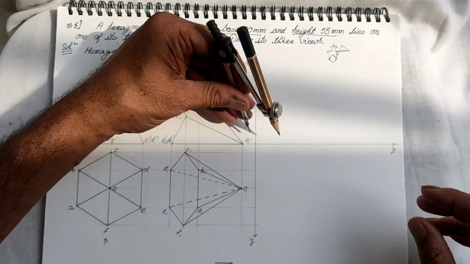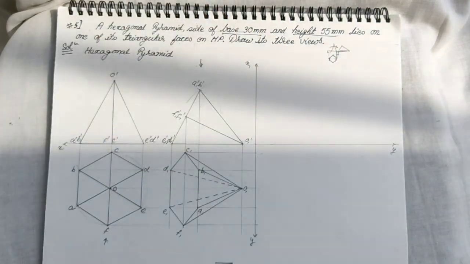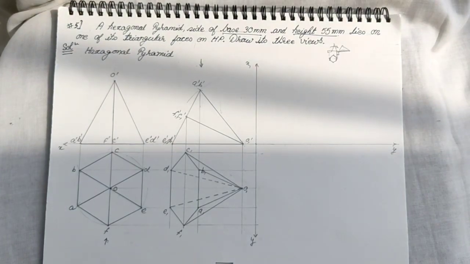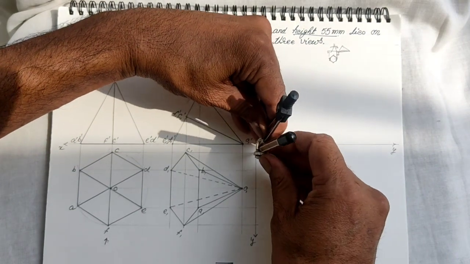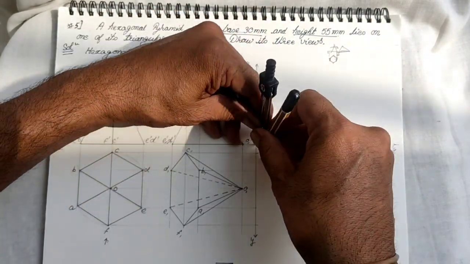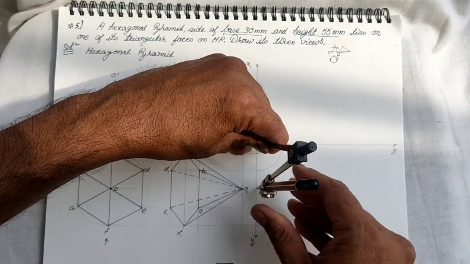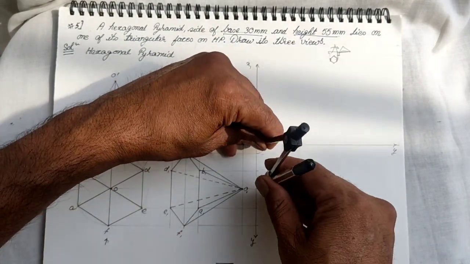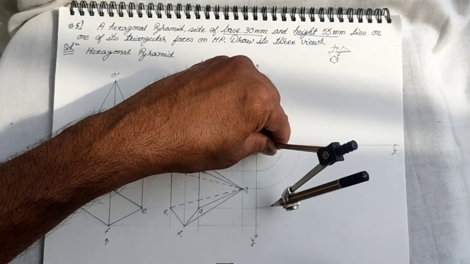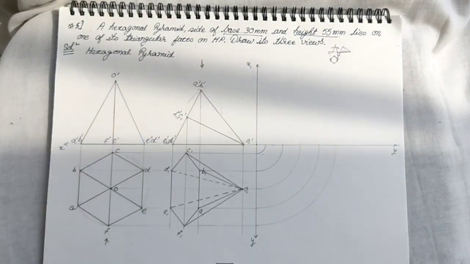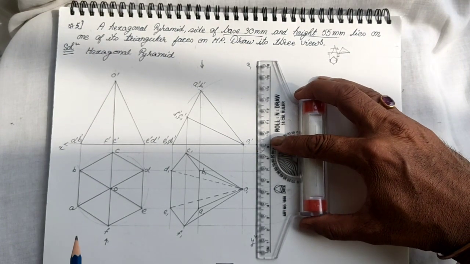So now with O, this origin, as center, we rotate all these loci till xy from the intersection of x1 y1 and xy, and we will project them for the left hand side view.